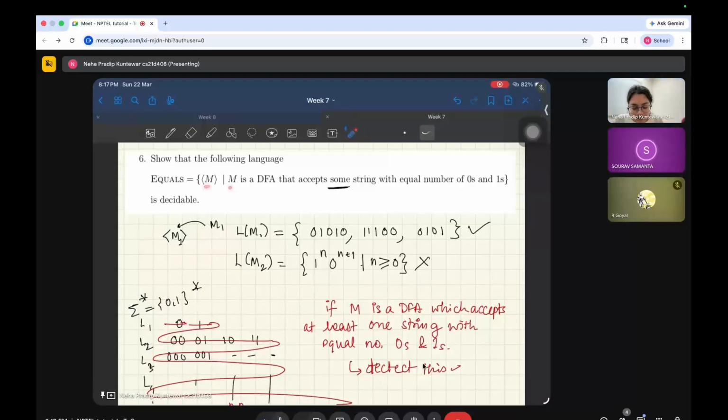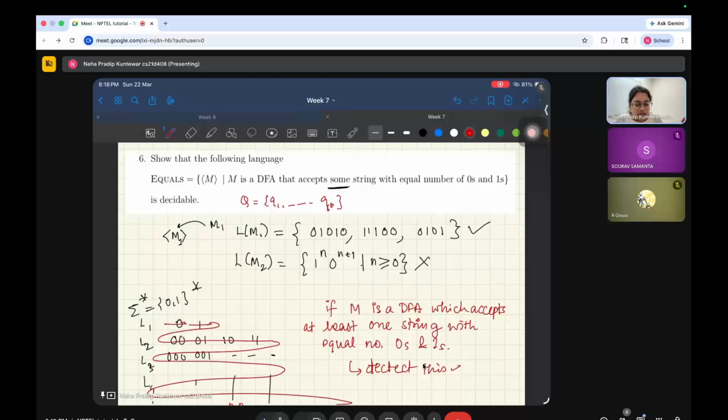What does the encoding of a machine mean in this question? The encoding of a machine is basically your machine. The way we defined it, it was a tuple, right? It had states and everything, that 7 tuple definition. But what I'll do is come up with a function which will encode it. Your states could be q1, q2 up to q10, right?